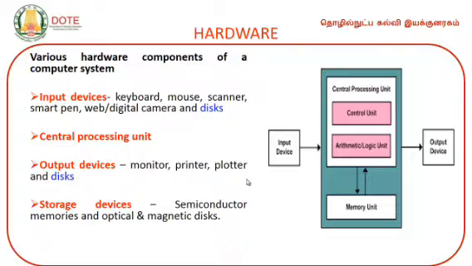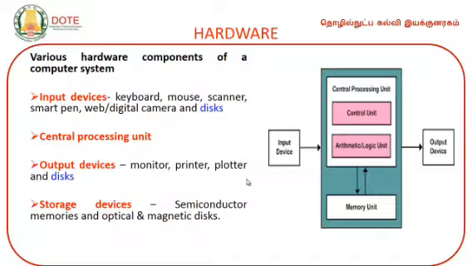Mouse is a pointing device. We use the mouse to mark or to point something on the screen. Scanner can be used to input images. With a smart pen, we can draw on the screen, we can point, and cameras are used for video and image inputs. And also a disk can be used for input. That means the data can be read from the disks into the system.